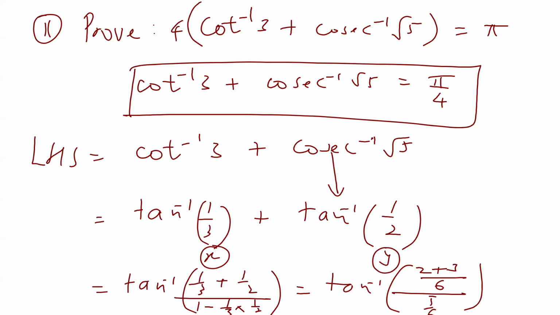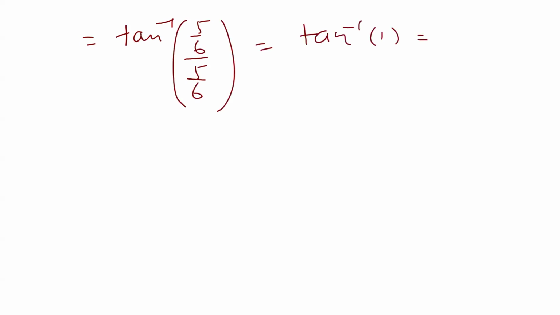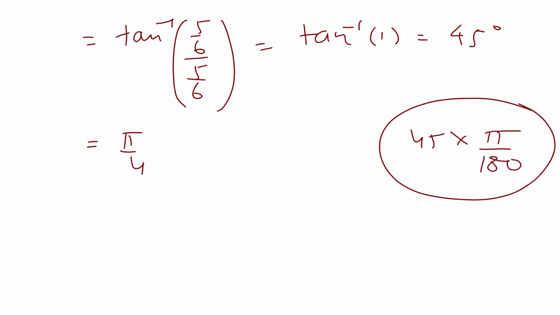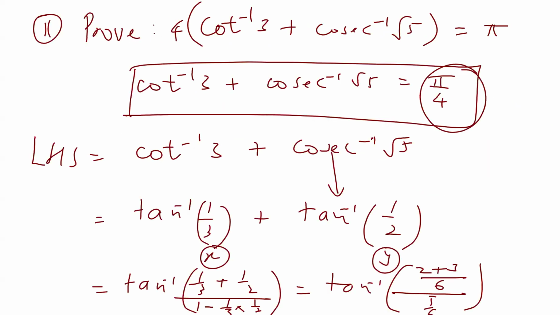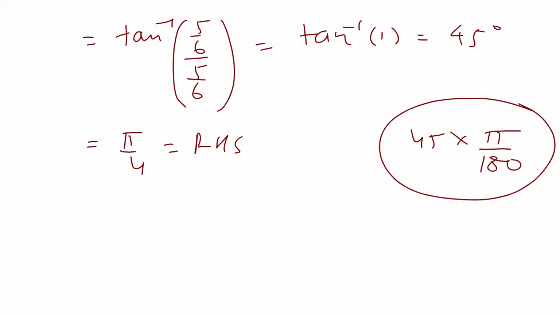So this further will give you tan inverse of 5 upon 6 upon 5 upon 6, which is tan inverse 1. Tan inverse 1 is 45 degrees, which is 45 into pi by 180, the conversion of degree into radian, which is pi by 4, which is equal to your new RHS. See, RHS is pi by 4. Okay.